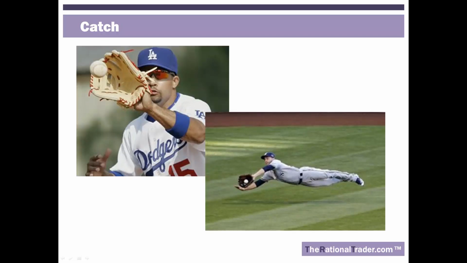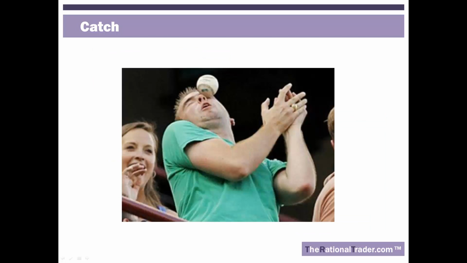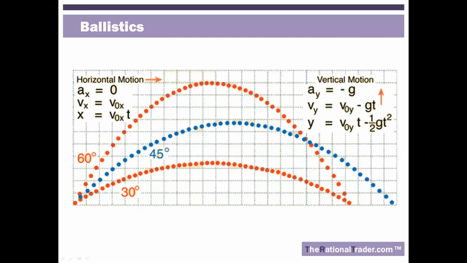Now, these are dramatic examples on screen, okay? But if I just tossed you a ball from across the room without even thinking, you're going to catch it most of the time. That's an example of something that you intuitively understand, even though it's very, very complex mathematically speaking. Ballistics are far more complex than probabilities.